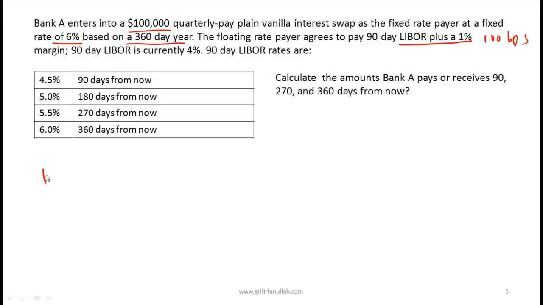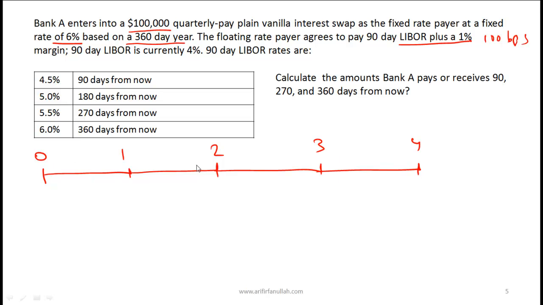Again, the simplest and most important thing to do first of all is to create the timeline. So time 0, 1, 2, 3 and 4. So these represent 4 quarters or 4 periods. The tenor of this swap is 1 year. The settlement dates are at the end of every quarter.